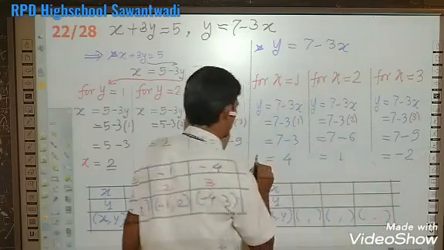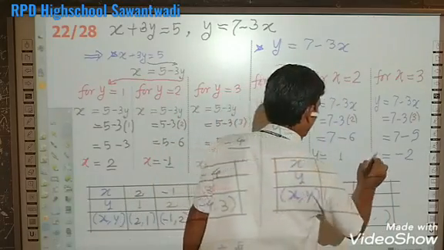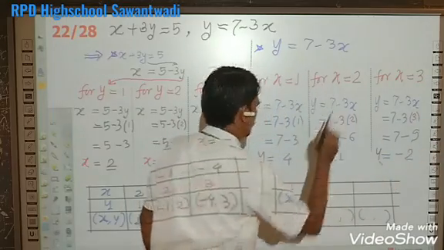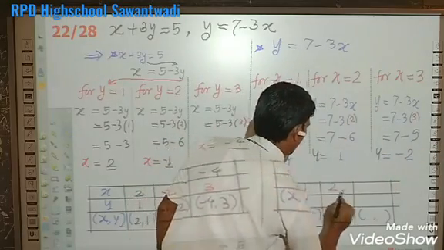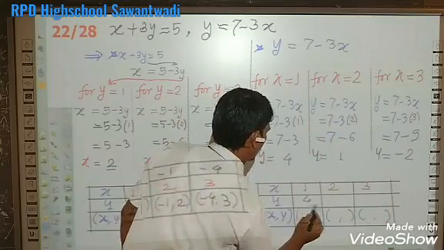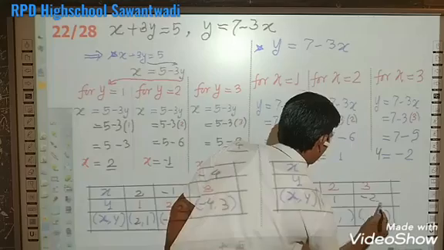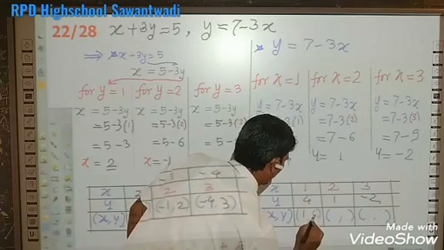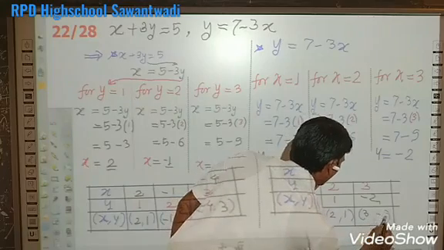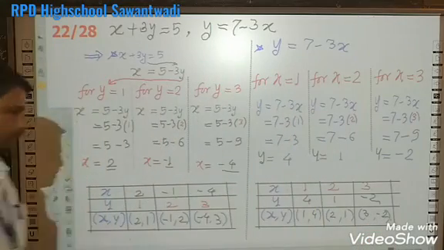Don't forget this. These are the values of y. So I'll put here now what's the value of x. We selected there 1, 2, 3. So now 1, 2, 3 is here. And what are the values of y? 4, 1, negative 2. So result is 1, 4, 2, 1, 3, negative 2. Isn't it?